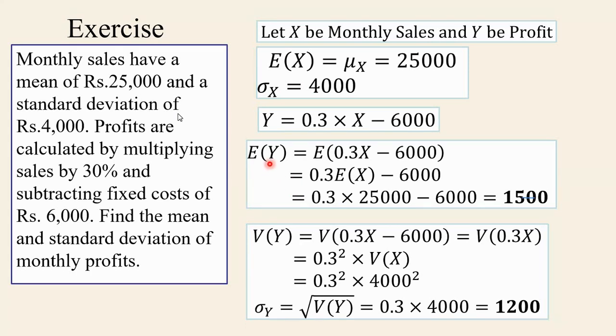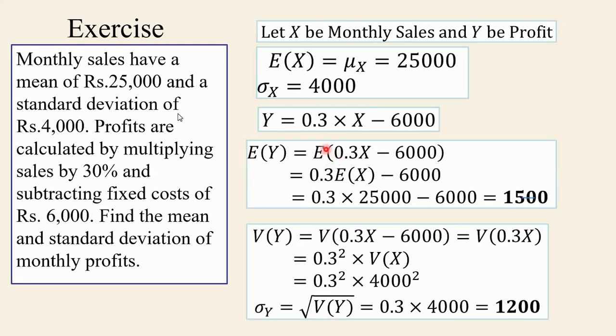So the expected value of Y, that is the mean. Expected value of Y is defined as 0.3X minus 6,000. Now here we can use the previous expectation laws.